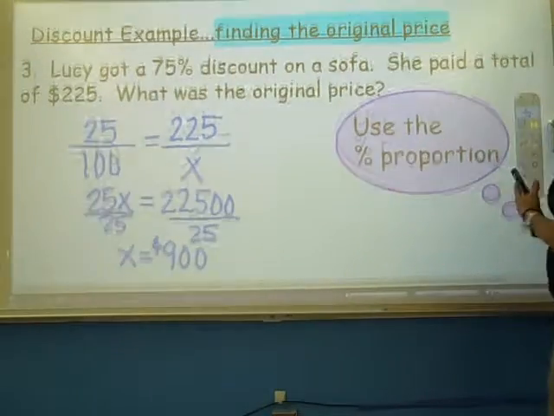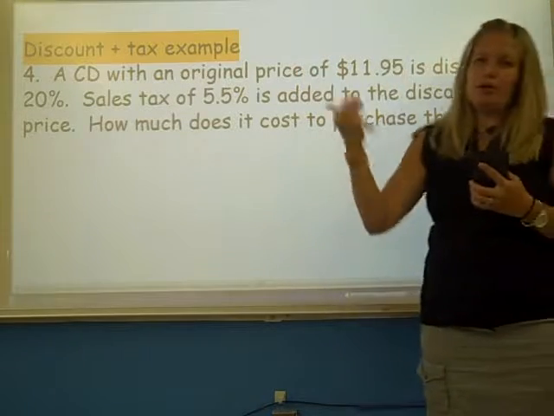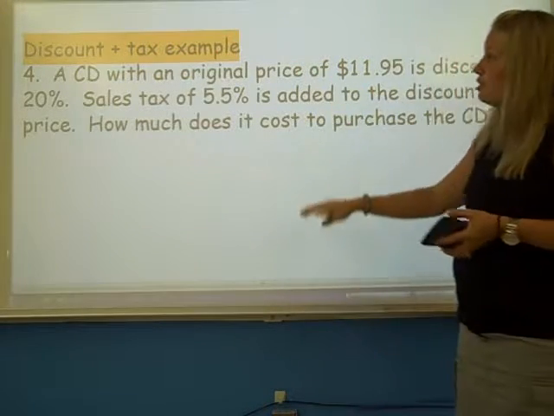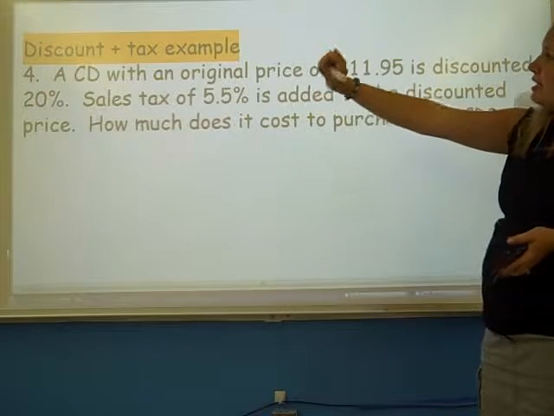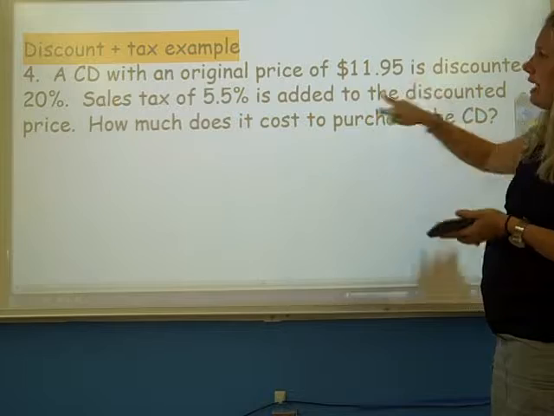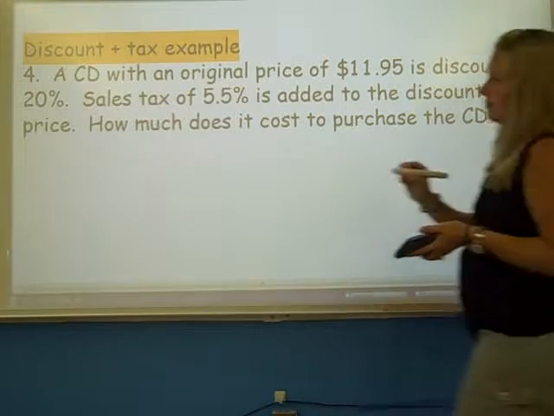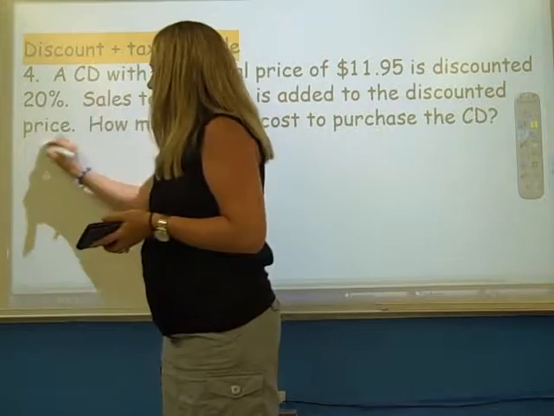All right, let's try one more. Discount and a tax. So we're taking something off and then we're adding something back on. So this is going to be 2 steps. A CD with an original price of $11.95 is discounted 20%. That means, so first step, we're paying 80%.